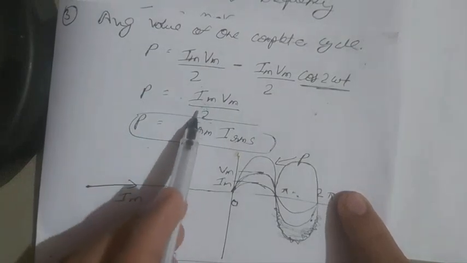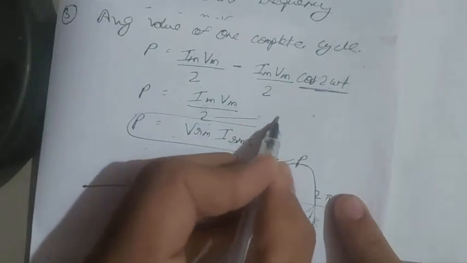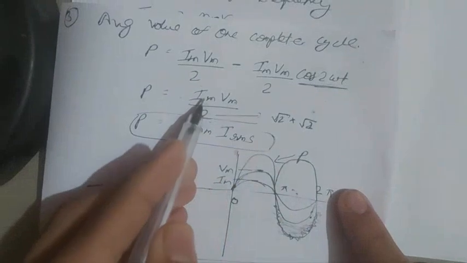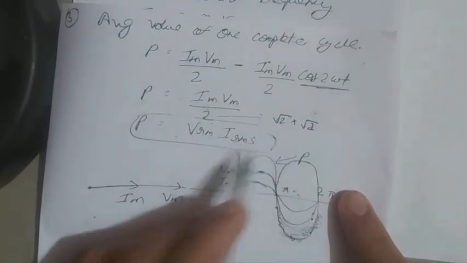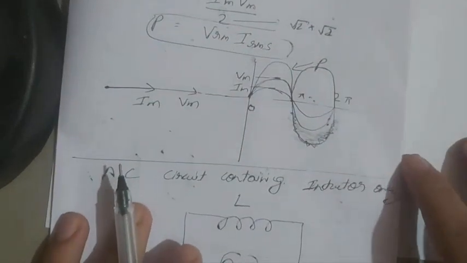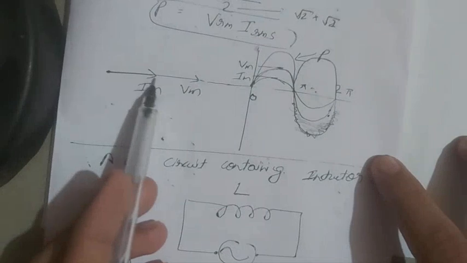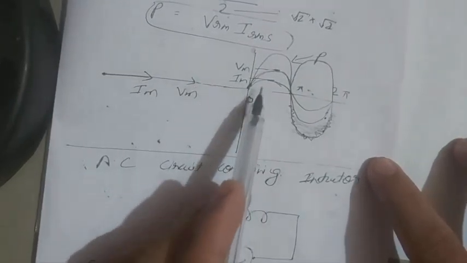So we split 2 into root 2 into root 2, and Im by root 2 is equal to IRMS and Vm by root 2 is VRMS. So the phasor is like this. This is the phasor for current and this is the phasor for voltage.